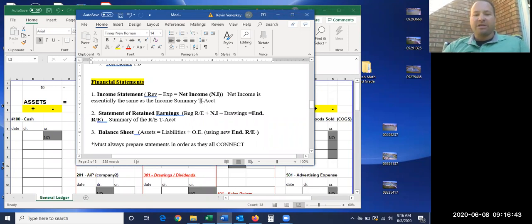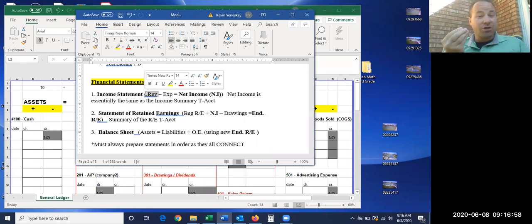The income statement is going to tell you how much money you have earned and how much you have spent out as well. So the revenues are all of the money that you have earned. You may not have actually gotten the cash. That's okay. You can still earn the money and then be paid later.